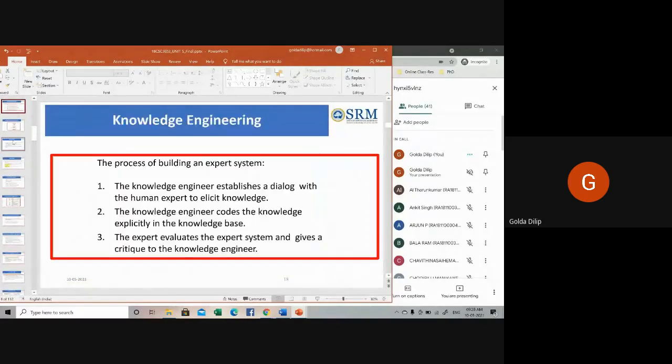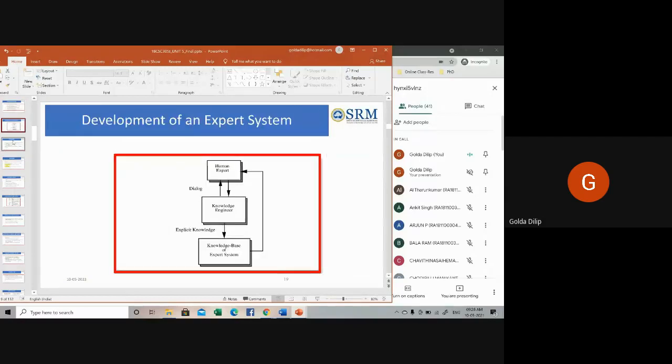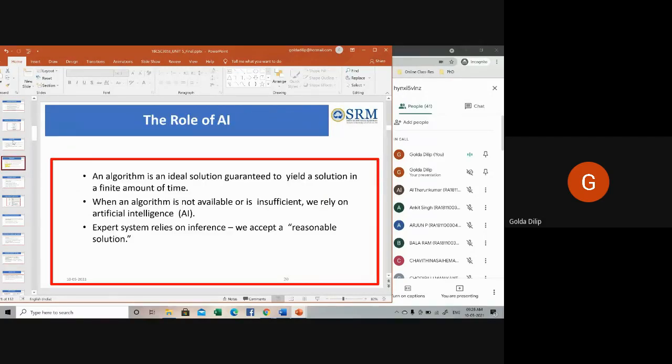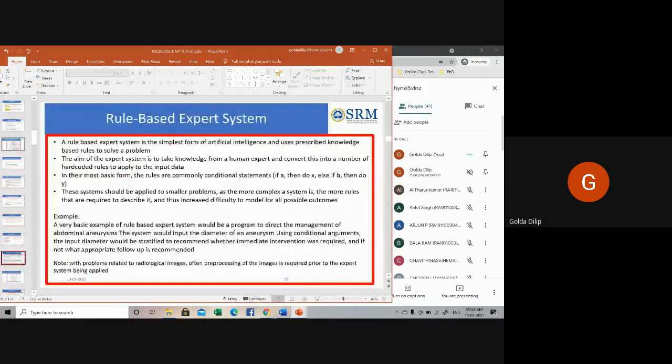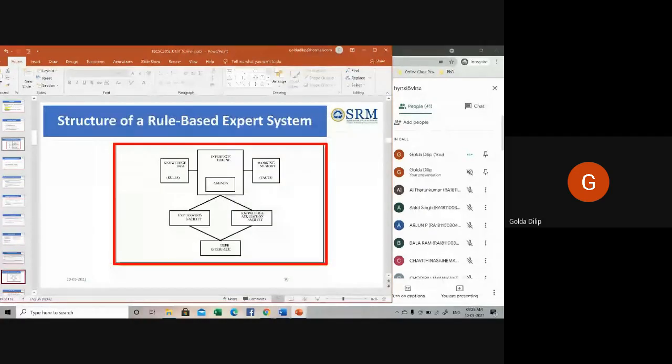The knowledge engineer takes the input from the domain expert, and it all depends on the cooperation of the expert.